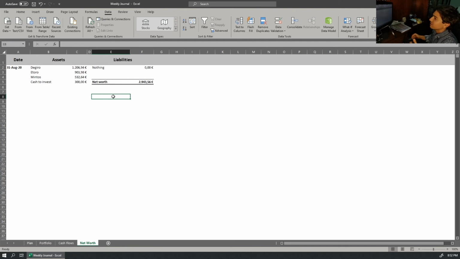I have other savings, other expenses and so on, but this is just to get an idea. I have some funds in DeGiro and eToro, which are basically brokers. In DeGiro, I invest more in ETFs, in eToro more in individual stocks. Mintos is the crowdfunding platform I mentioned previously, and also some cash to invest, let's say, for example, 300 euros.